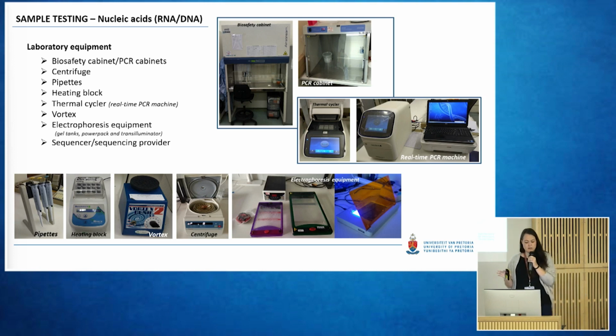I will explain a bit about that later. A vortex, electrophoresis equipment, and then I say a sequencer or a sequencing provider, because sequencers are quite expensive and usually smaller labs don't have their own sequencers but outsource these things. But it's important to keep that in mind.